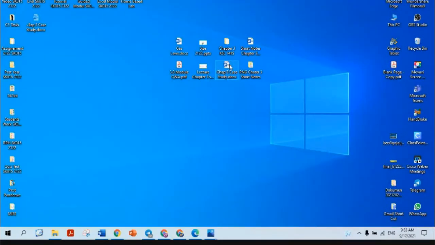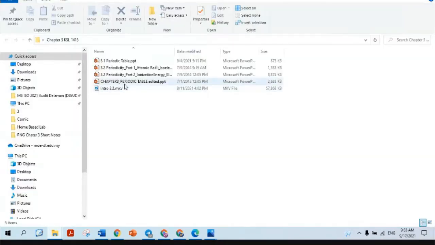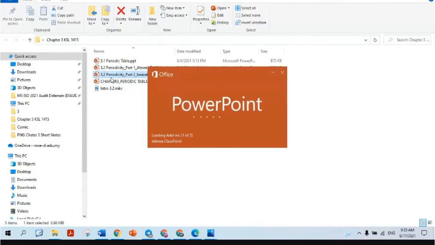If it is the definition, we have to refer to the lecture notes. Good question. Okay, we will try to check the lecture notes. Always refer to the definition. Ada soalan tanya, jangan senyap je. Kena faham.